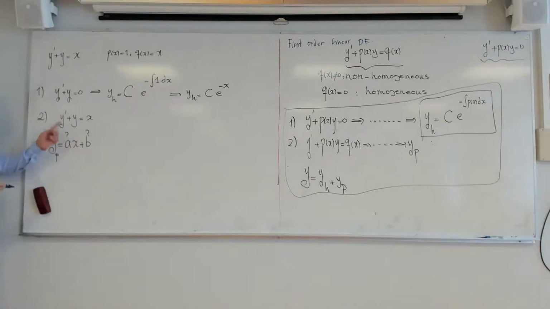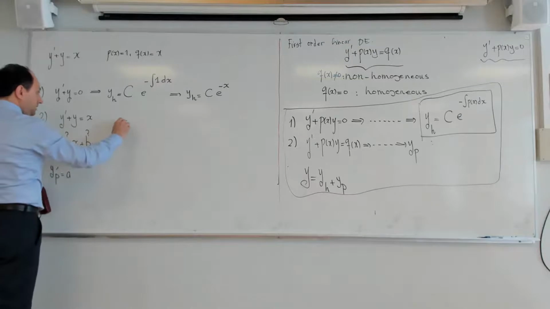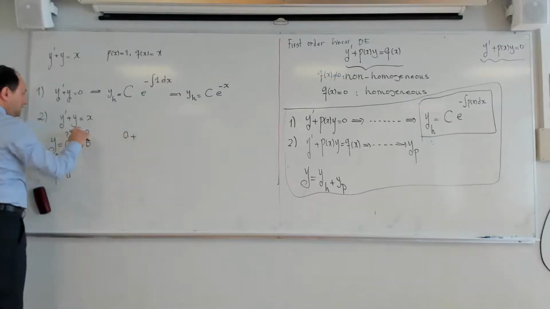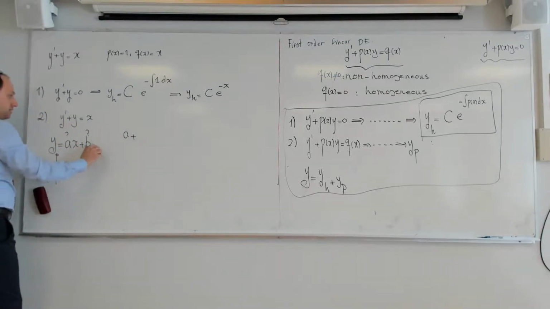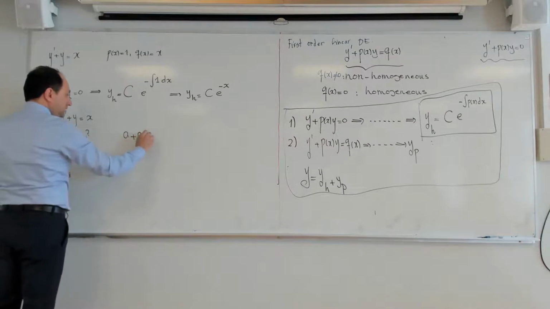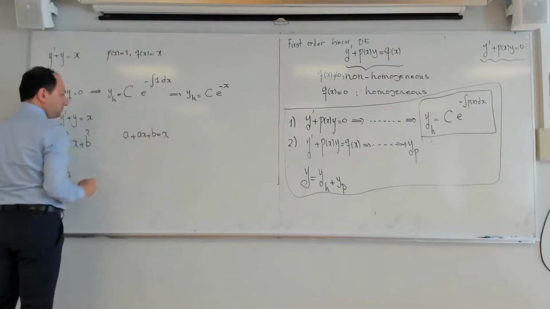So this is the method of undetermined coefficients. I plug this back into my equation. So what happens? This gives me y p prime is a. I put them back into this equation. So this becomes a plus, instead of y, I put ax plus b, and this is equal to x.